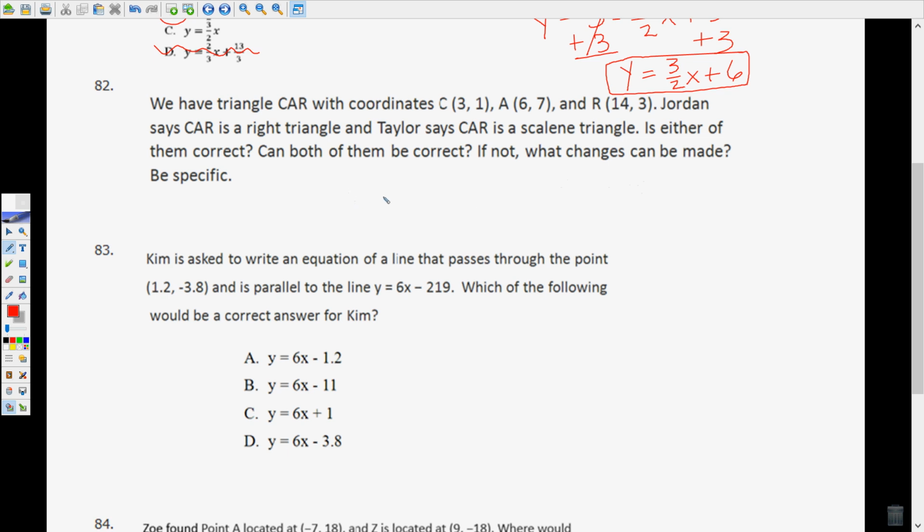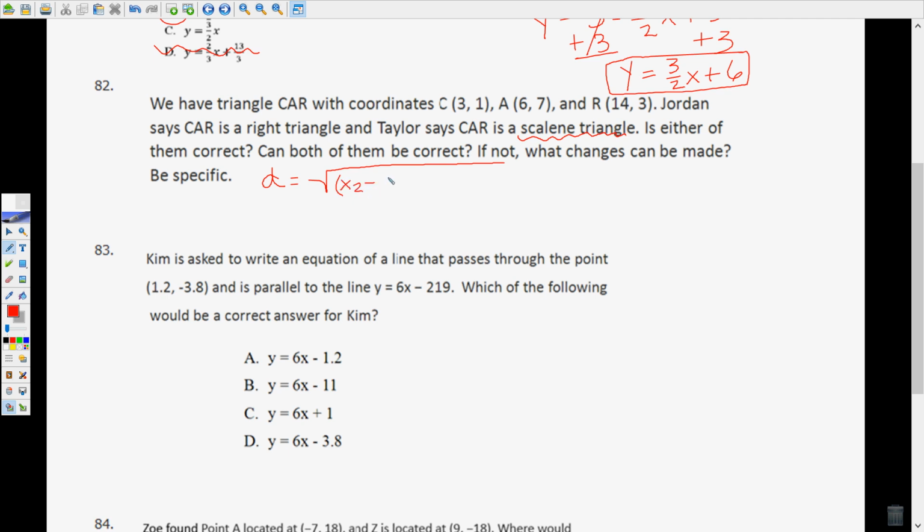Okay, so they both can be correct. You can have a right triangle that is scalene. Remember, scalene means no sides congruent. What you're going to use here is the distance formula. If you have graph paper and you're able to graph this accurately, you could also use the Pythagorean theorem, using each of the sides as a hypotenuse of a right triangle.